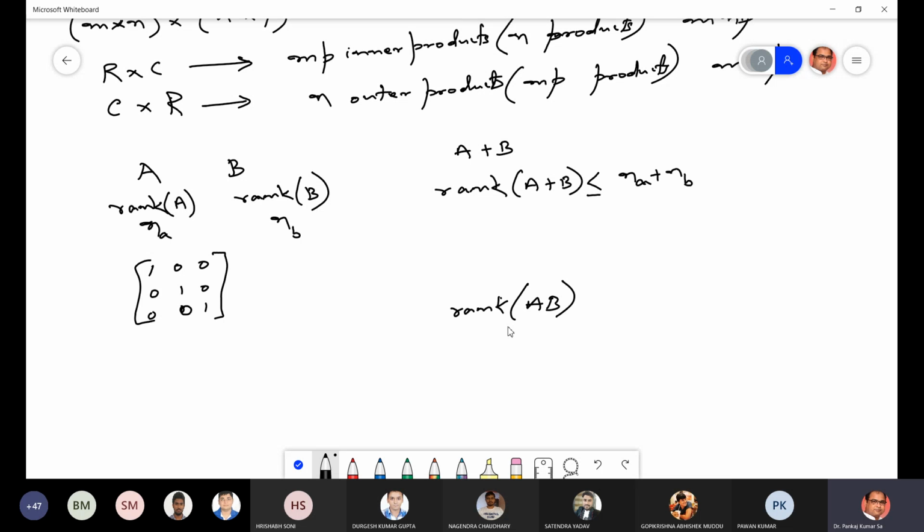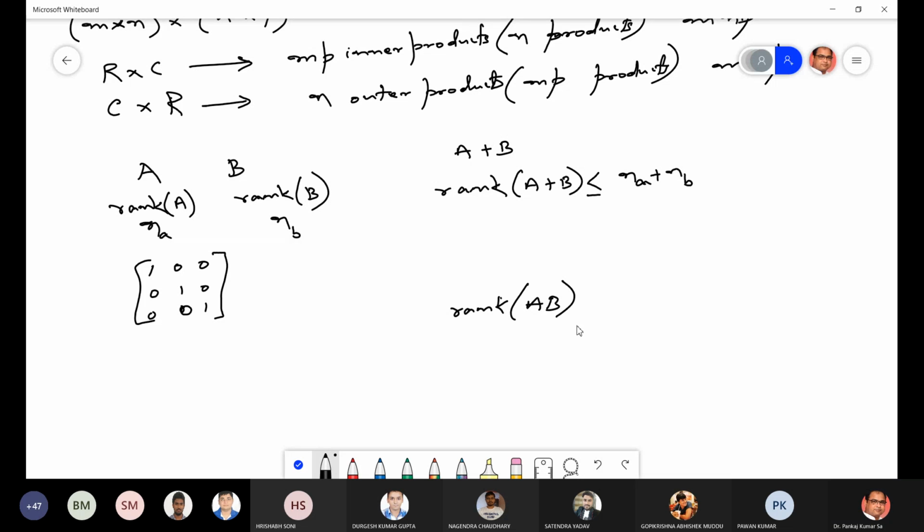There is a matrix A, a 3 cross 3 matrix. It has two independent columns, and I scale those two independent columns with some scalar quantity. Will their independence nature alter? No, sir, they are not going to alter.